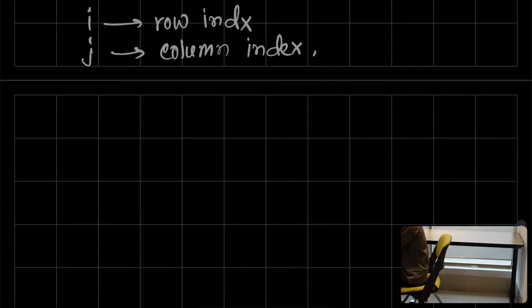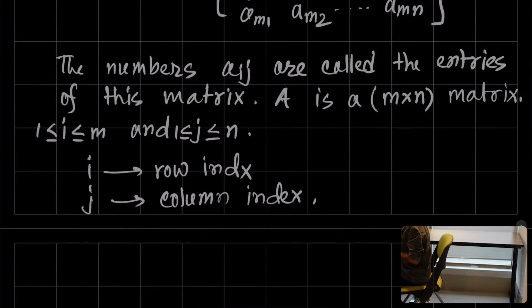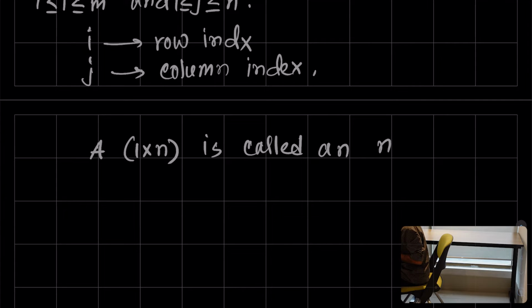From this matrix we can see that depending on m and n, the matrix can have different size, right? So a simple form is like A, 1 cross n, is called a row vector, an n dimensional row vector.